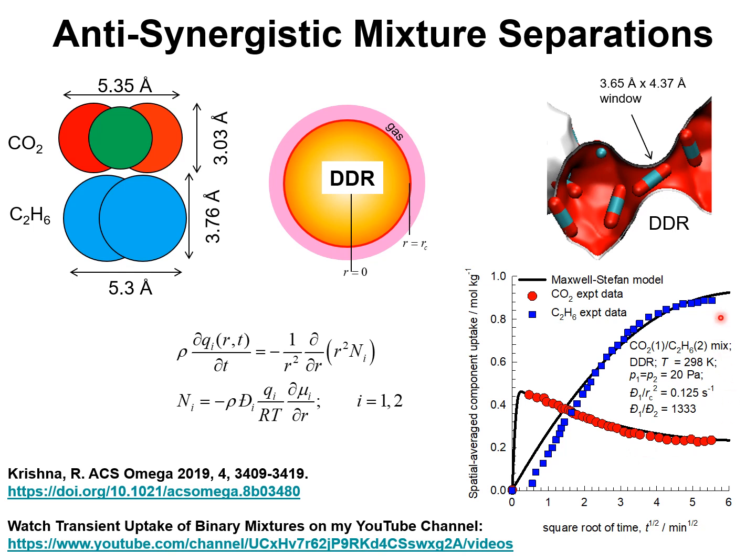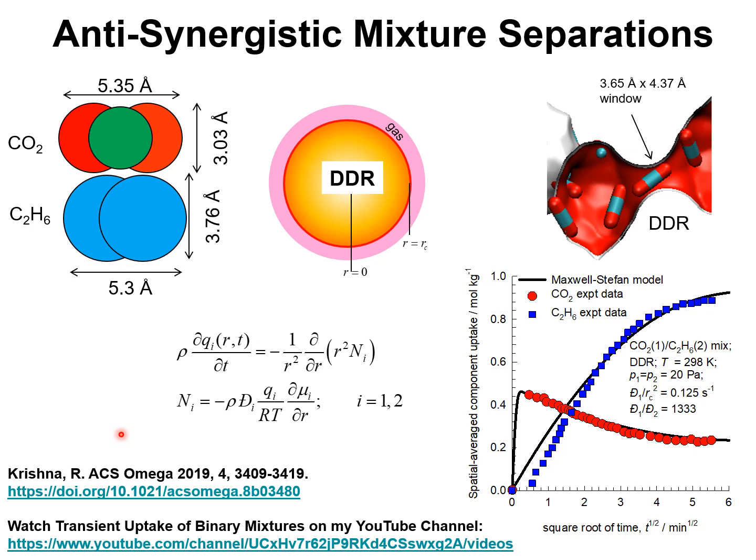So the mixture adsorption equilibrium favors C2H6, but the diffusion selectivity favors CO2, and we would like to cash in on the anti-synergy between adsorption and diffusion to achieve the separation of CO2/C2H6 mixtures in fixed bed adsorbers.